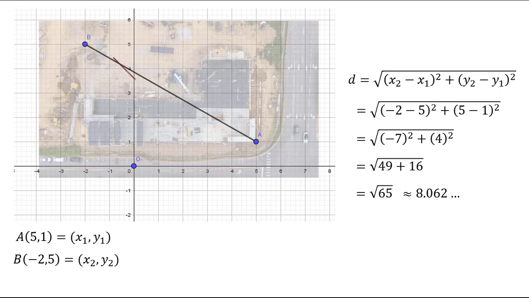So the distance between these 2 points, either on the map or the ground, depending upon the units we use, is 8.062. So we can also find the distance between any other points if we come to know the coordinates of those points. And as you see, we have used square roots in all these things.